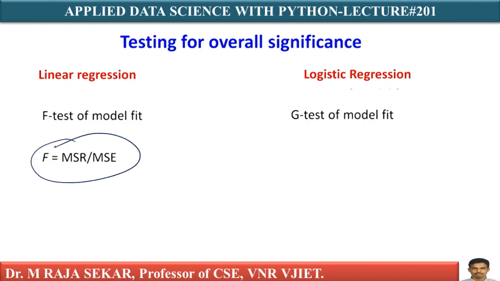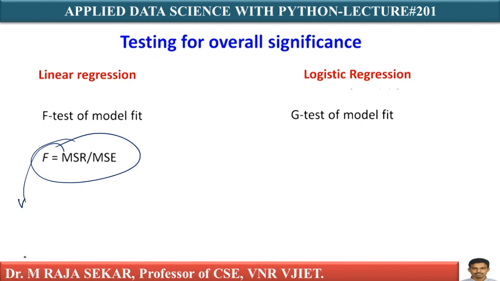MSR means mean regression sum of squares, and MSE means mean error sum of squares. Anyway, I discussed this F test in previous lectures itself.